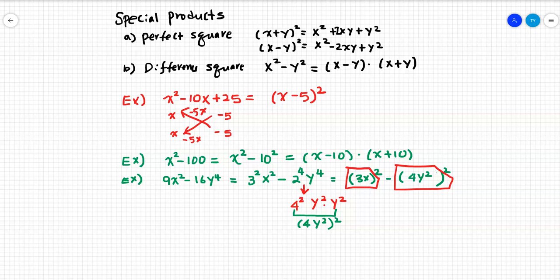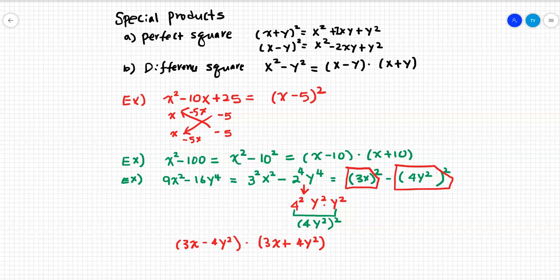If you use the difference of square formula now, you're going to have what? 3x, that's going to be x, and the minus 4y squared, times 3x plus 4y squared, according to the difference of square.